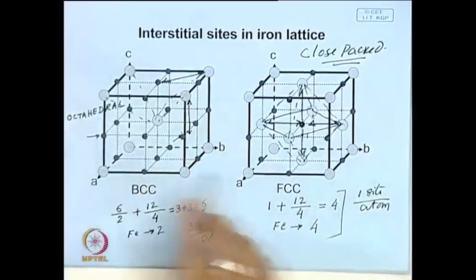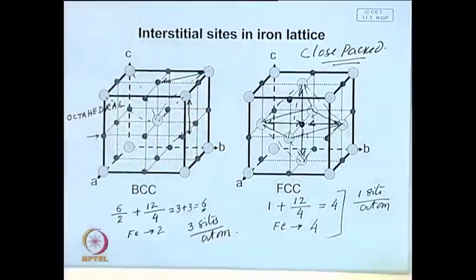That is why in BCC the solubility of carbon is very limited, whereas in face centered cubic structure the solubility of carbon is much higher. This is why, as you cool the solidified metal, even if the BCC structure has formed initially, later on when it converts into FCC, it can accommodate more carbon atoms.